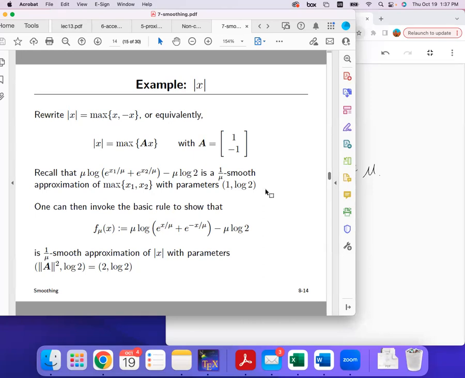And this is another way to look at smoothing the absolute value function. We can rewrite the absolute value function as the maximum between x and negative x, assuming this is a one-dimensional case. So this is exactly equal.